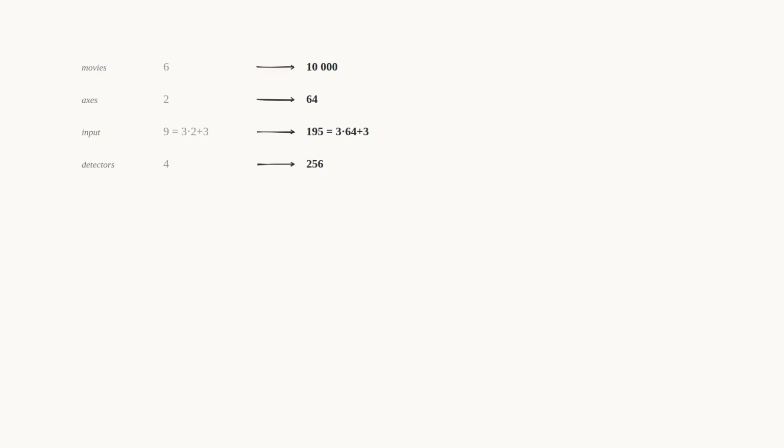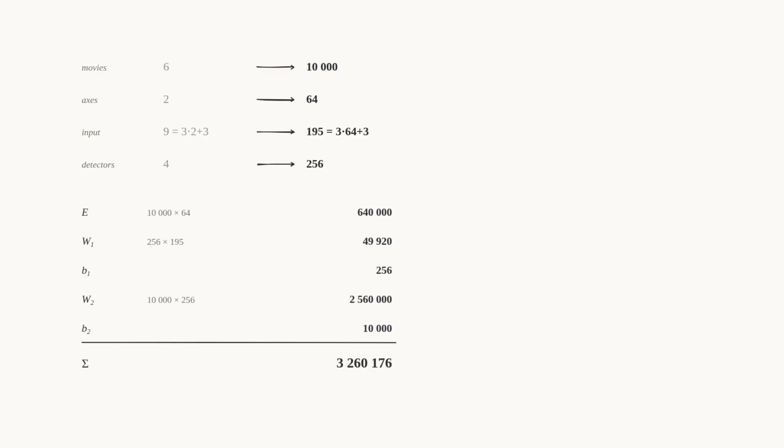Detectors, 256, a much richer vocabulary of conditions than our 4. Now recount the control panel. The atlas, 10,000 by 64, 640,000. The detector weights, 256 by 195, 49,920 plus 256 thresholds.